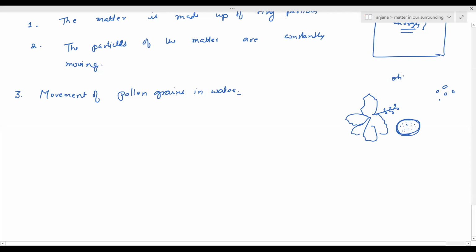Now if you observe this water drop under the microscope, you will observe that these small particles of pollen grains are constantly moving. And when they are moving, of course, they will be colliding with each other. So this tells you about the Brownian motion. This is a very good experimental example of the Brownian motion.